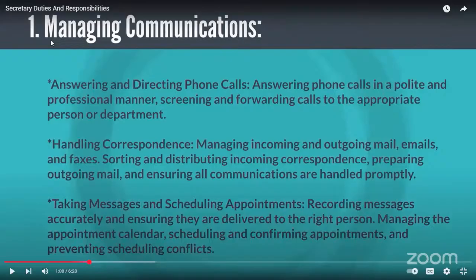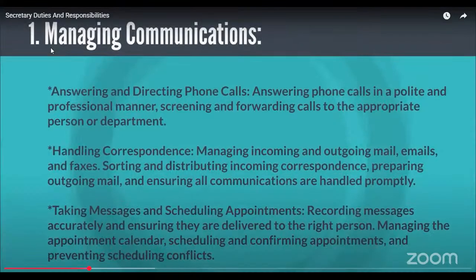Over here, I would like to tell you about the first point that you have seen, answering and directing phone calls. Screening is basically the process where you take a phone call and try to find out who is on the other side of the phone. The person calling should not be a spam or uncomfortable call forwarded to the CEO or GM, or the respective person you are reporting to, causing any kind of inconvenience.